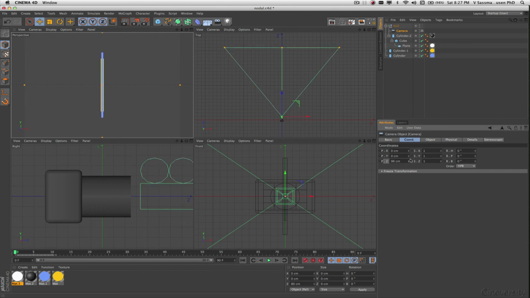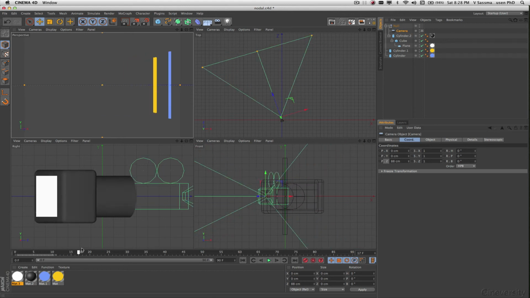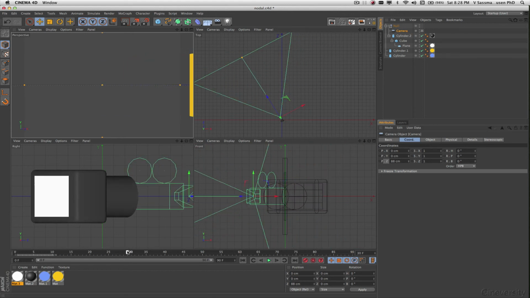That's not really the way it should be in terms of adjustment, because this gives you no further information. You have to move the camera as far as possible to see finally what you have here.